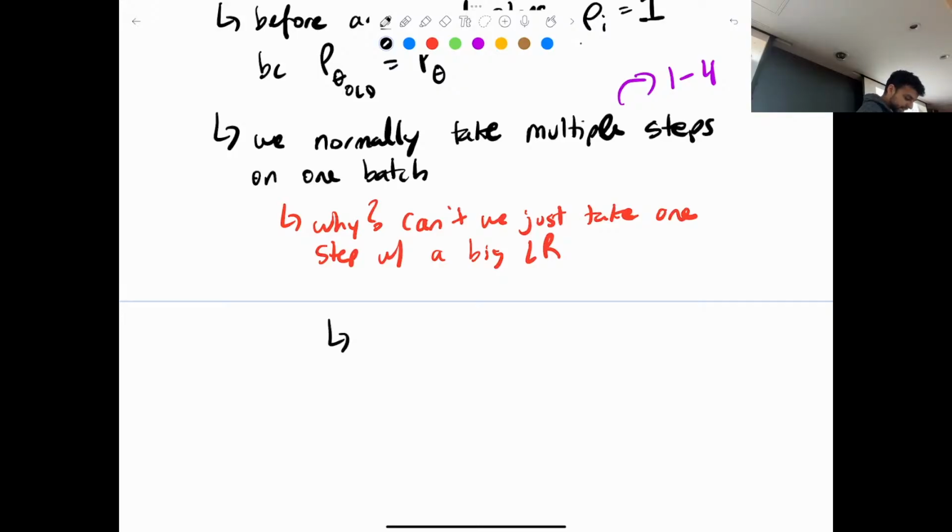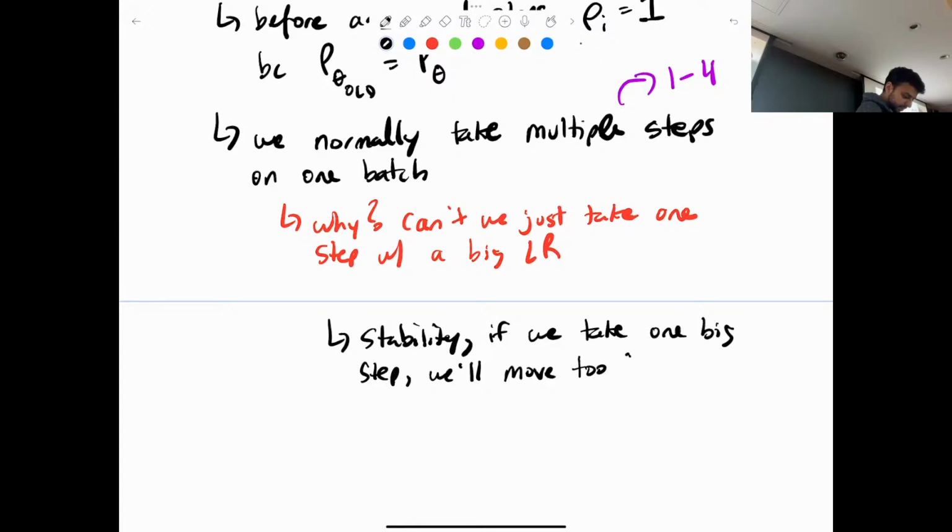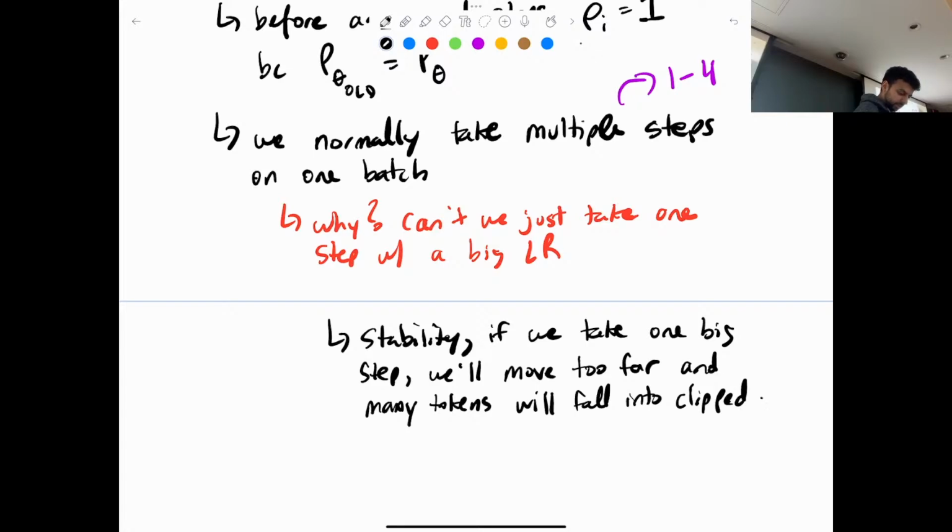So the first is stability: if we take one big step, we will move too far, and many tokens will fall into the clipped region or outside of our trust region.